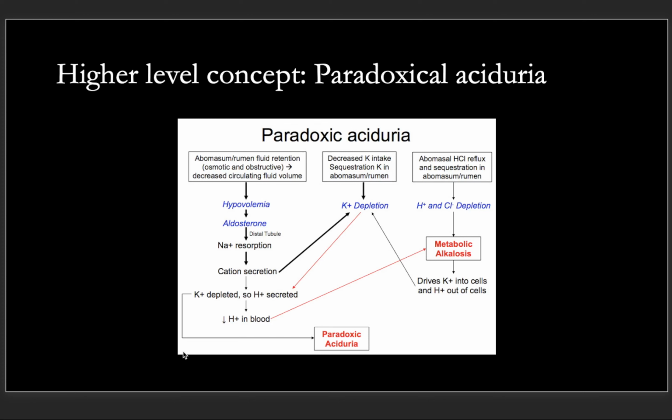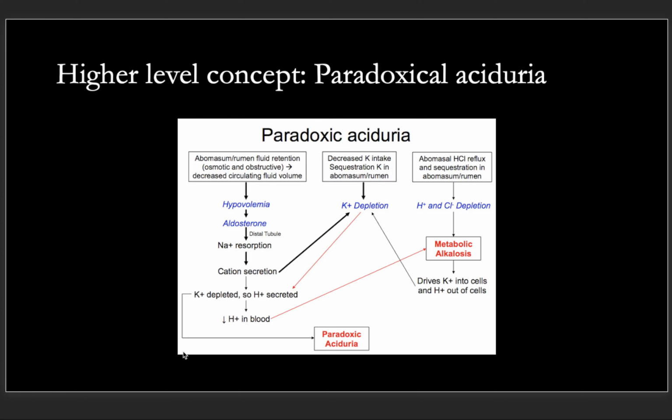One higher level concept is called paradoxical aciduria. So if we think about it, vomiting gives you a metabolic alkalosis. So you wouldn't expect acid loss in the urine. The reason this happens is because as you lose volume, you have aldosterone activation.